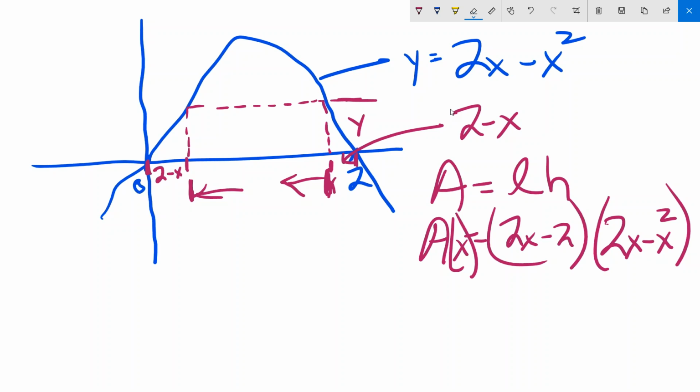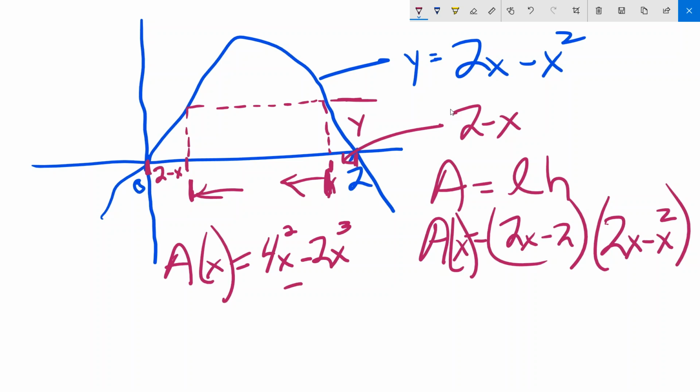Okay. So area as a function of x equals, what is that? 4x squared minus 2x cubed minus 4x, and the last one is plus 2x squared.